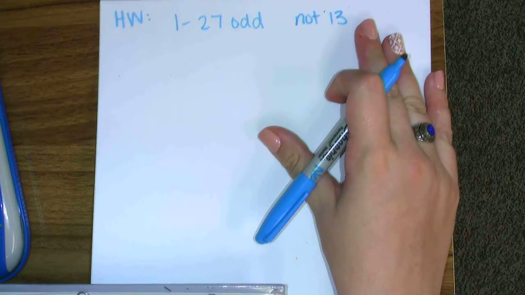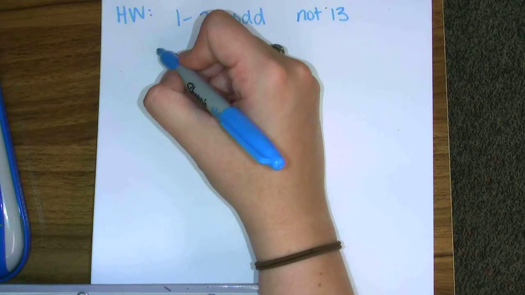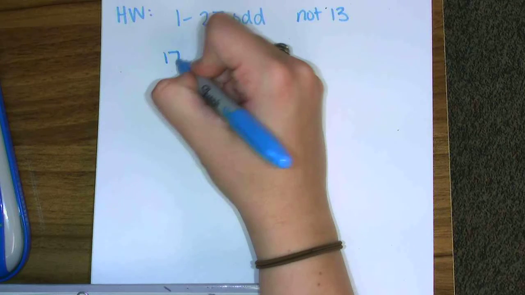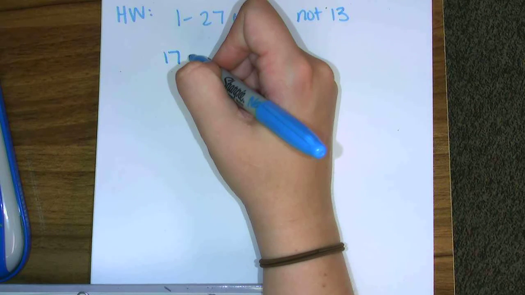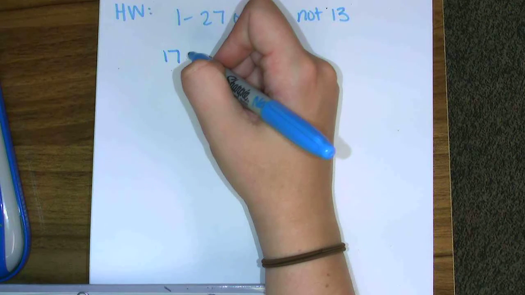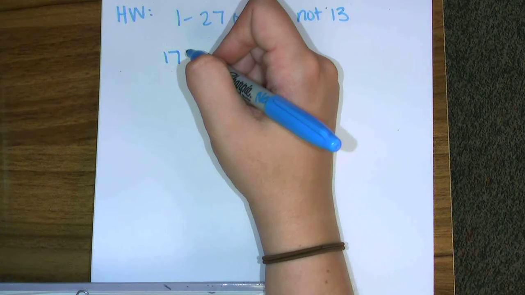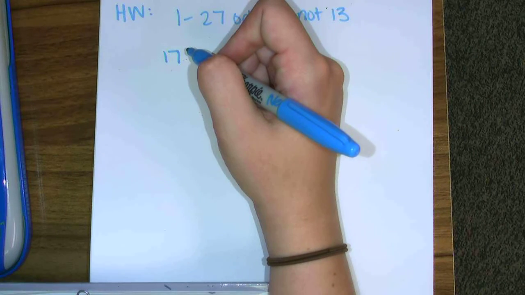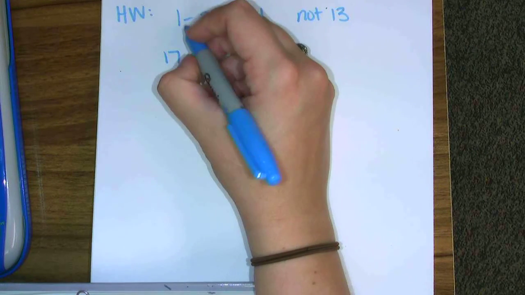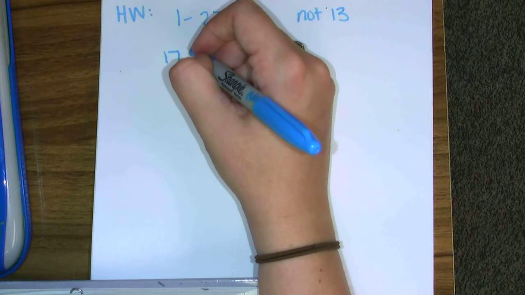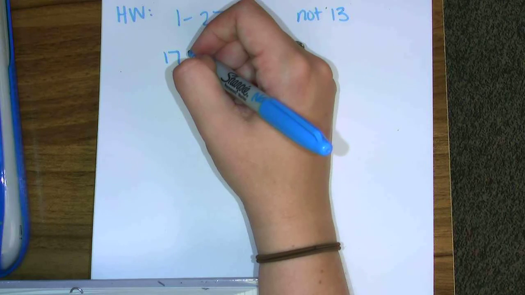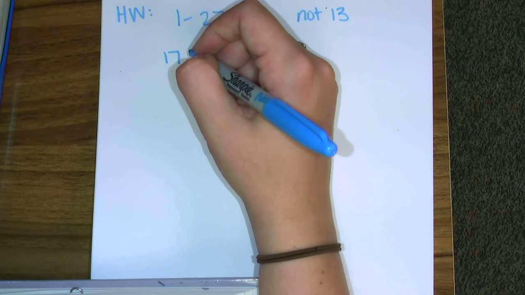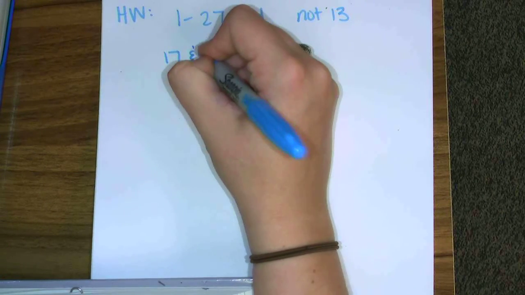Okay, then as far as this goes, 17 and 25 you're going to do by hand.